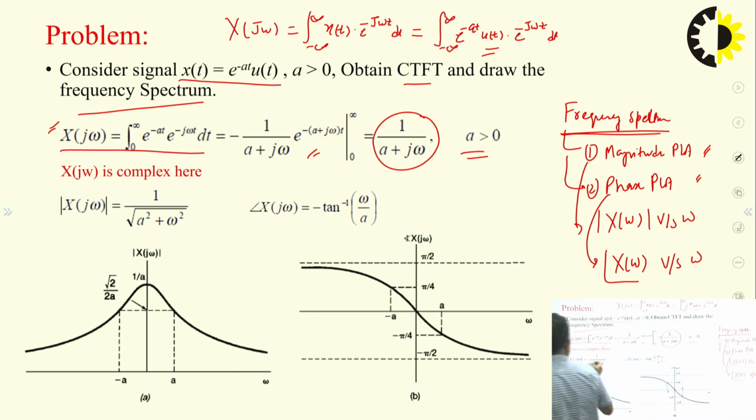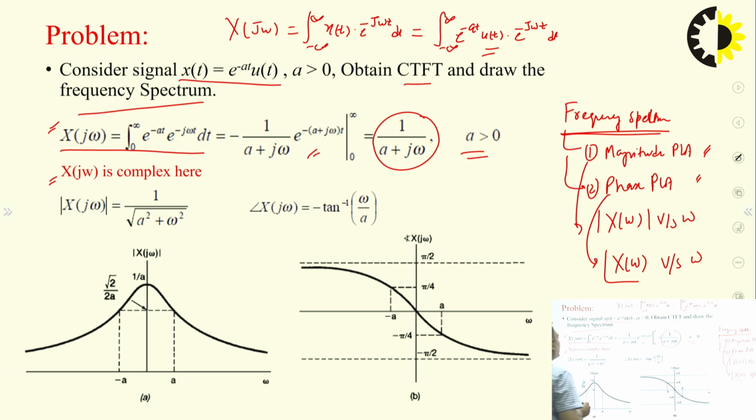First of all we will calculate the magnitude of X(jω). The magnitude is the square root of the real part squared plus imaginary part squared, in both numerator and denominator. So in the numerator it will become 1 and in the denominator it will become the square root of a² plus ω².